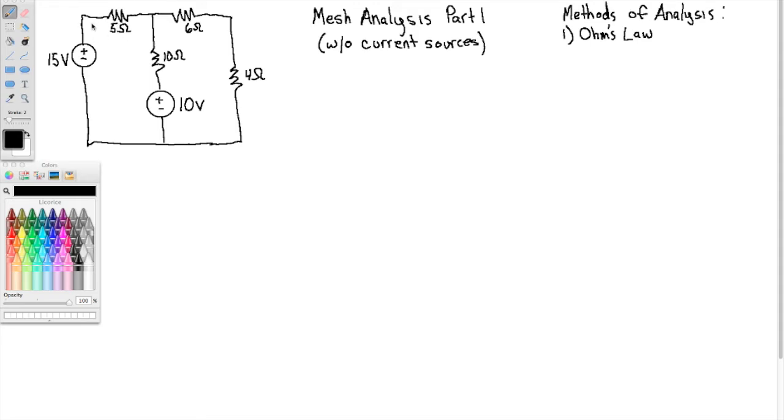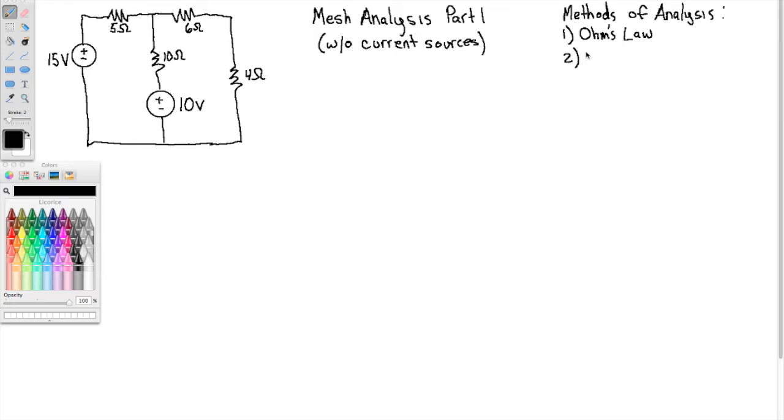This 5 ohm resistor is connected to this 15 volt source, but you don't know the voltage here. 15 volts is between here and here, not between here and here. So you don't know the voltage across this resistor, so you don't know the current immediately. In fact, in this circuit, you don't know the voltages across any resistors, and you don't know the current through them, so you can't immediately apply Ohm's law.